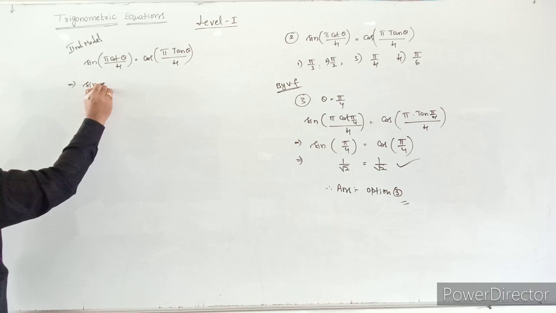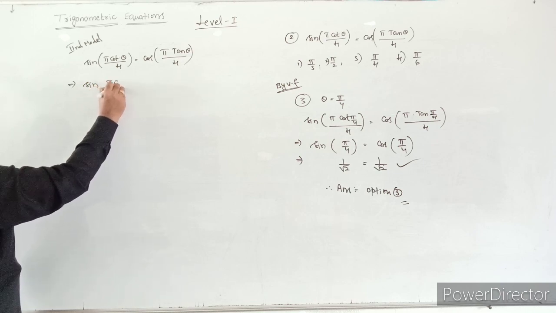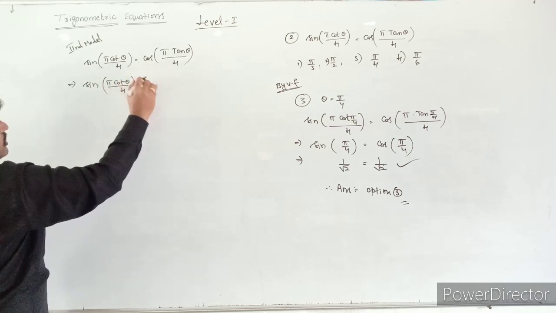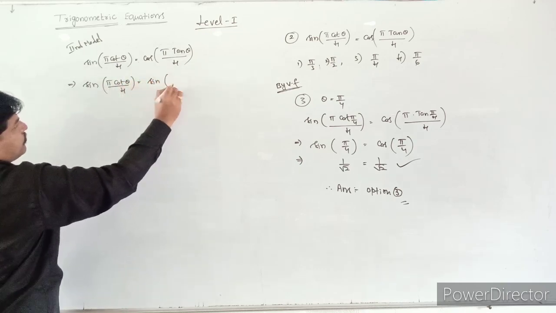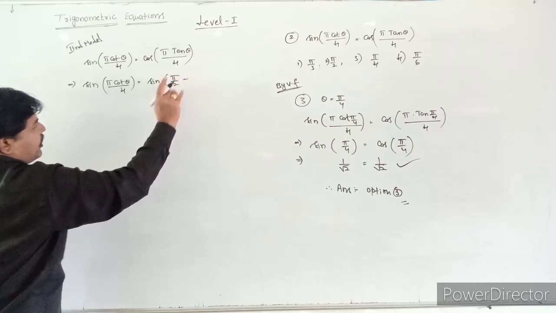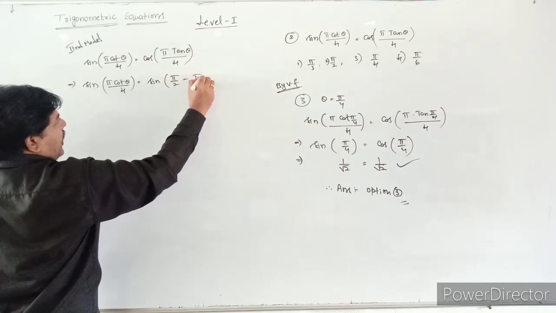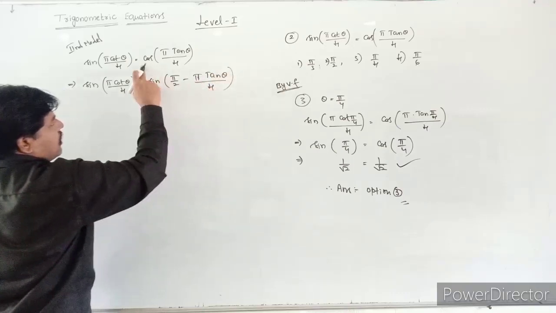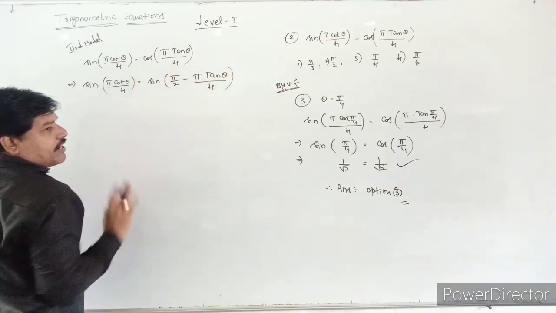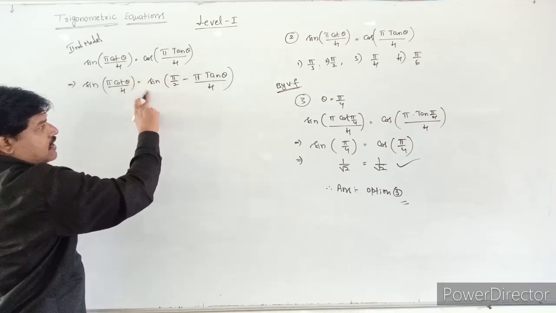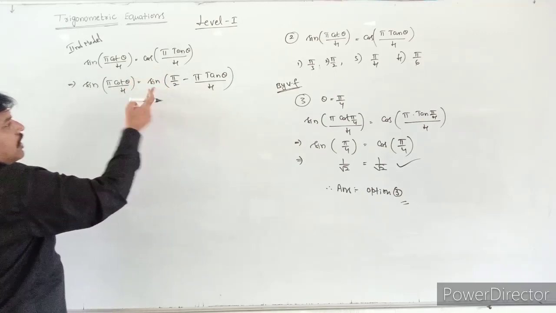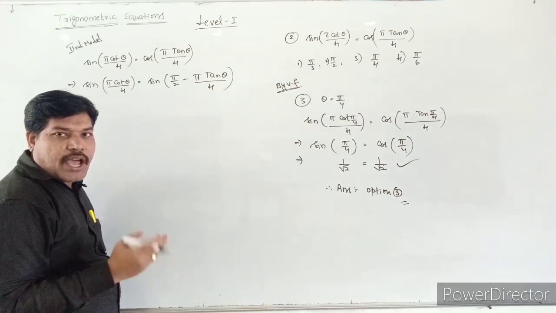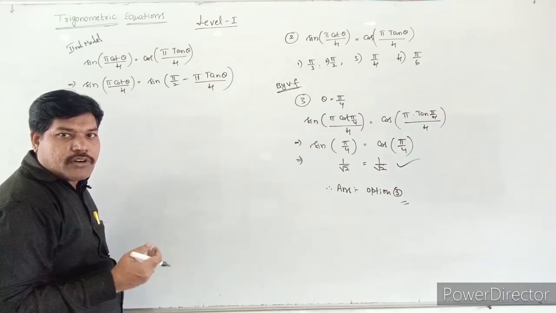This can be written as sine of pi by 2 minus pi tan theta, whole by 4. Why? Because cos theta you can write as sine of 90 minus theta. Because in the LHS a sine term is there, and in the RHS I take the same term in sine theta form, sine alpha form.